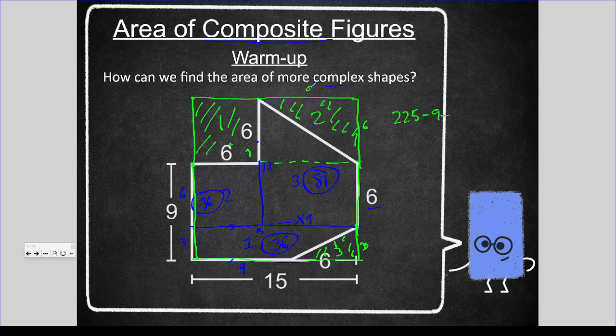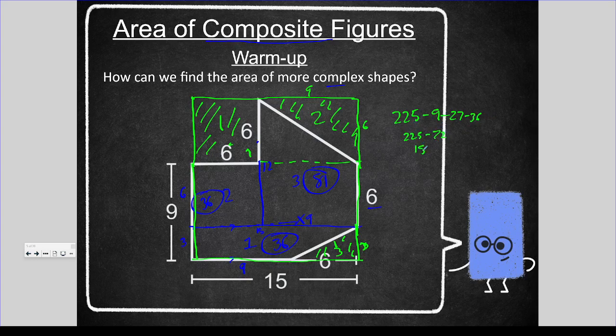So this base here is 9. So that would be 3 times 9 is 27. And then shape 1 is a 6 by 6 square, so that's 36. So let's compare. We have 225 minus 72. 225 minus 36 and 36, yeah, that's 72.